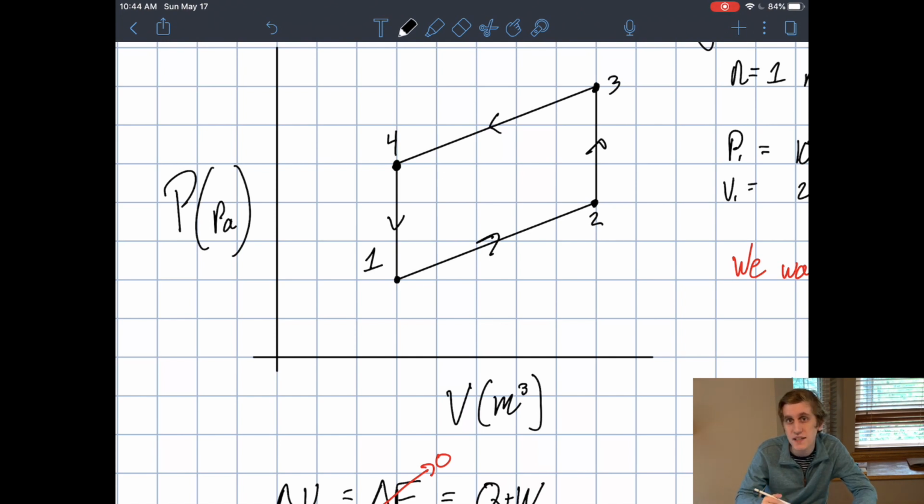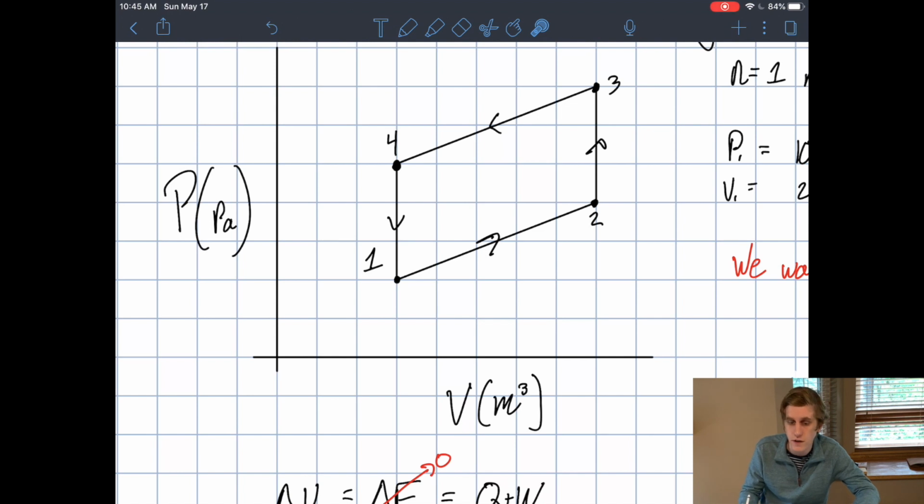Whenever you have a cycle like this, one piece of your cycle will always result in positive work, and one piece of your cycle will always result in negative work. In this case, the process that takes our gas from point 1 to point 2 does negative work, and the process that takes our gas from point 3 to point 4 does positive work. So these two processes will always cancel out partially.